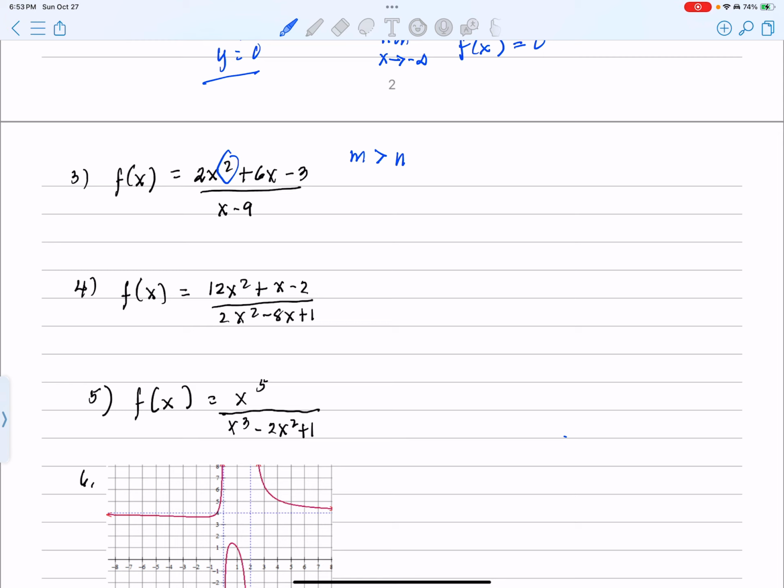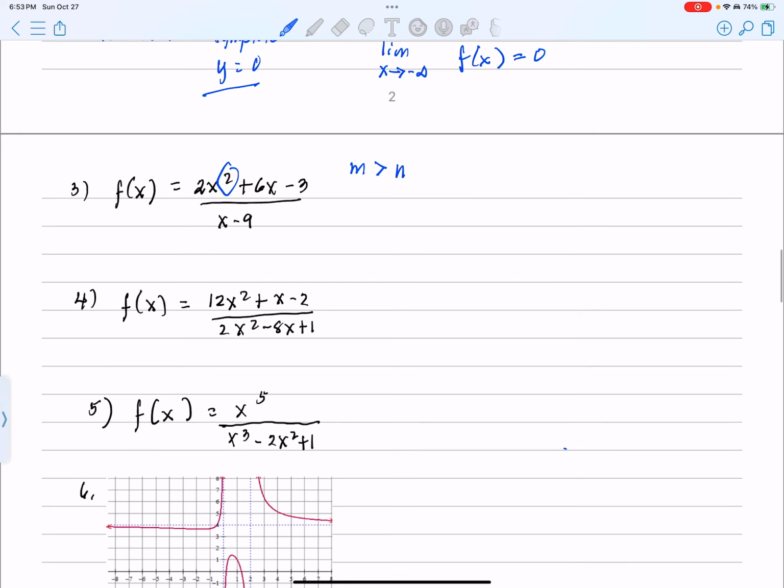So this is case number 1. You have a slant asymptote in this case. Maybe we're going to graph this, but you have no horizontal asymptote. Look at the cases. So when it's case number 1, you have no horizontal asymptote here.